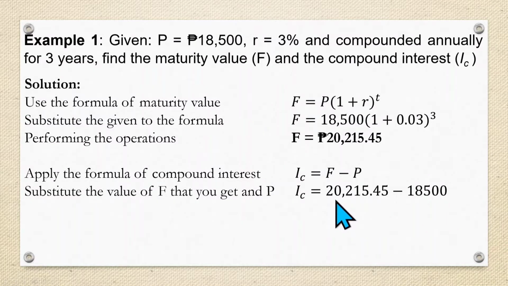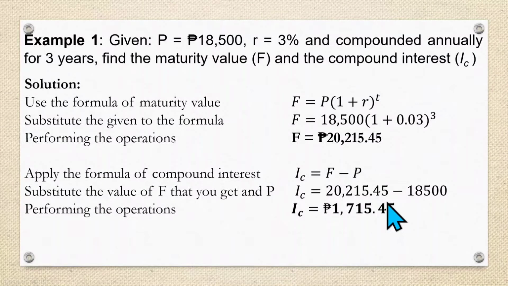So subtract, perform the operation, 20,215.45 minus 18,500. We will have the compound interest of 1,715.45. So this amount is the interest in 3 years of 18,500.